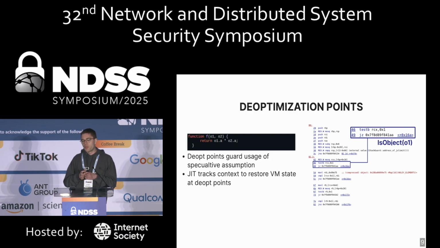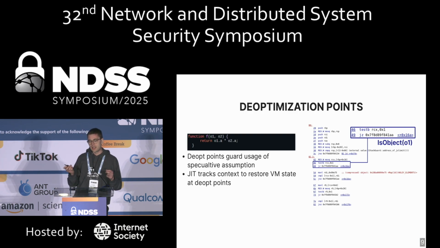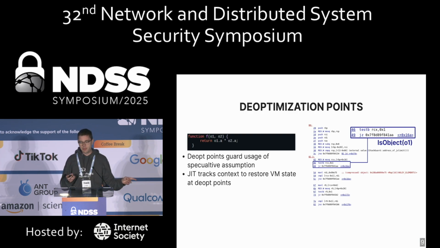So right before o1 is used in the execution, the JavaScript engine inserts a so-called de-optimization point, which just checks, I highlighted it here, is o1 an object? And if o1 is not an object, the JIT compiler holds enough context such that it can de-optimize back to unoptimized execution.